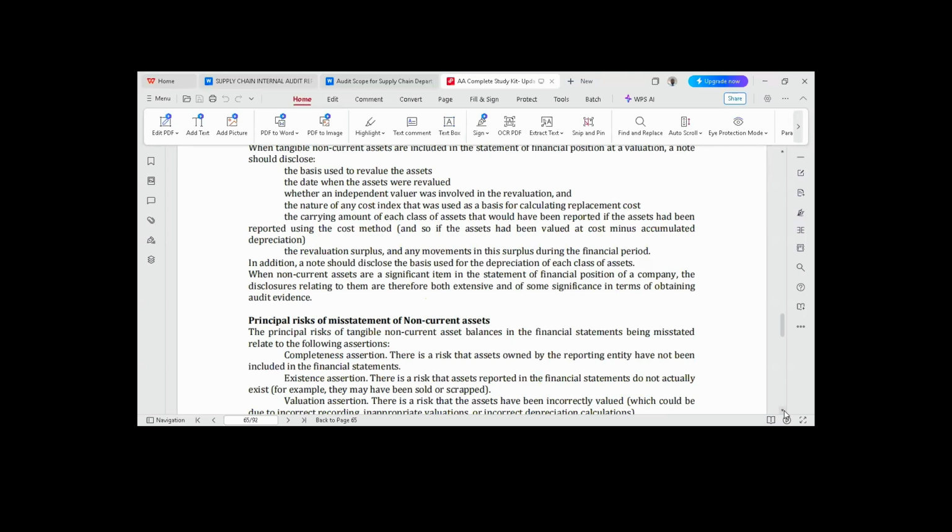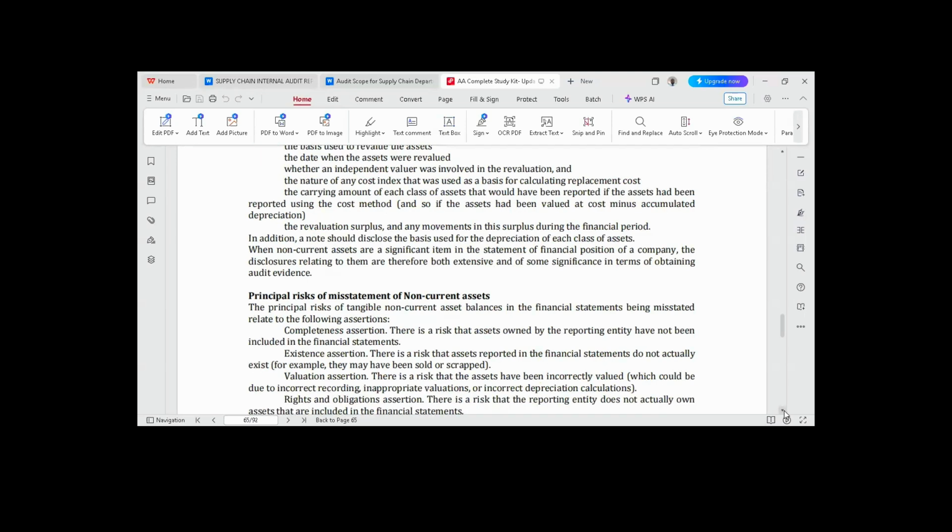There is an existence assertion. That is, there is a risk that assets reported in financial statements do not actually exist or they have been sold or scrapped. If the auditor does not go and check, they will just see a bunch of assets that are no longer in the organization, that have been disposed of and are still being left in the account schedule.